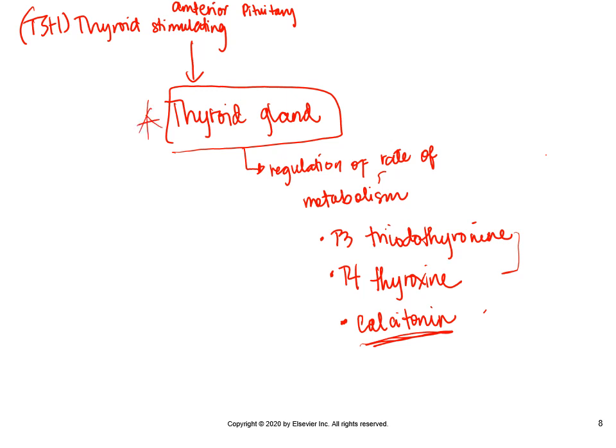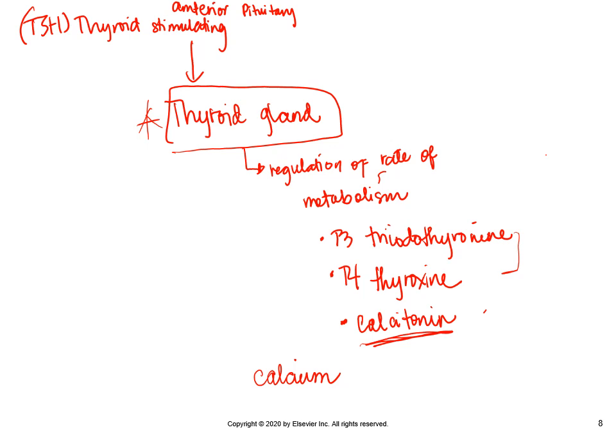The calcitonin is actually responsible for the regulation of calcium. What is calcitonin doing to the calcium, or how is it regulating the calcium? Here's how it is regulating calcium.